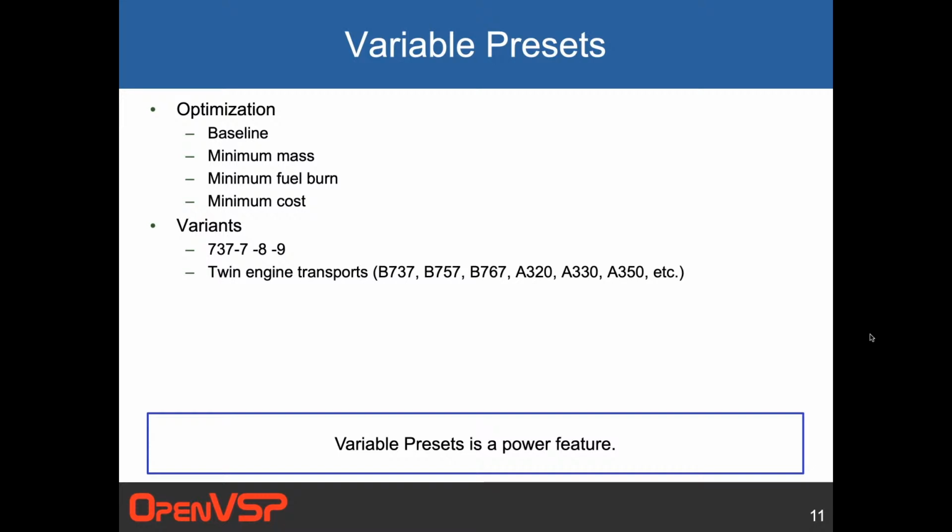You could probably, not in super fine detail, but you could probably also do a single model that represents most twin engine transports, whether they're Boeing or Airbus or a Sukhoi or a Comac, and you'd be able to capture most twin engine transports with a single model that gets pretty close just by varying some of the parameters. So these are all different things you can do with variable presets. And again, this is a power feature. You'll know if you need it, and it'll really enable you to do some cool things as we go forward.